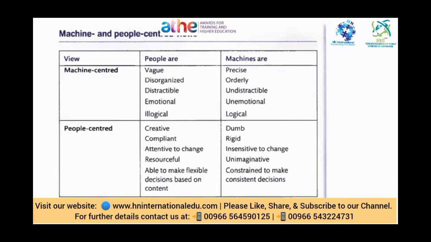Let me give you an example of people who are machine-centered. If a person is using their calculator, those people will become vague and disorganized, obviously because they are not taking decisions by themselves. They will become distractible, because they have so much machinery to distract them.